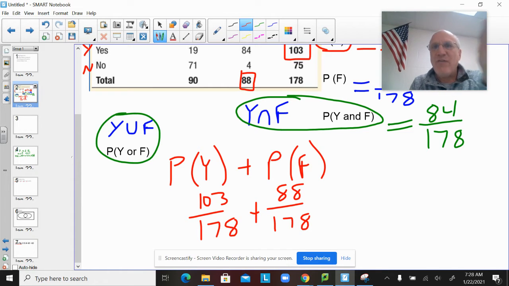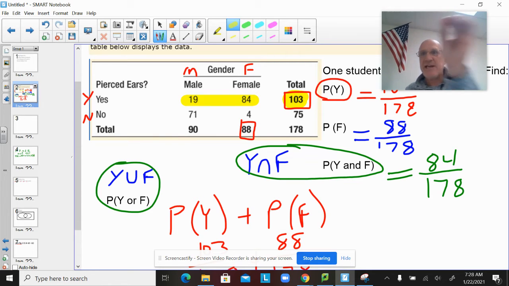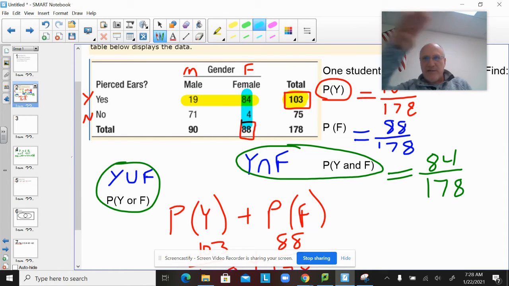If I were to add those two totals together, I need it to be clear why that would be wrong. So look at those two totals I added in red. The 103 included those two numbers, 19 and 84. Well, the 88 included 84 and 4. If I add up 19 plus 84 plus 84 plus 4, I need you to recognize that in doing that, I double counted the intersection.